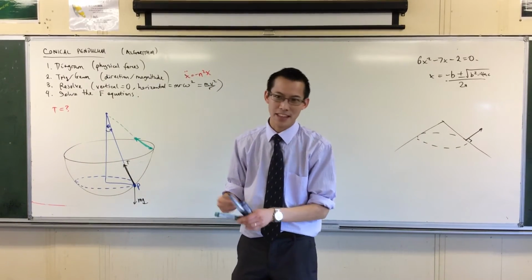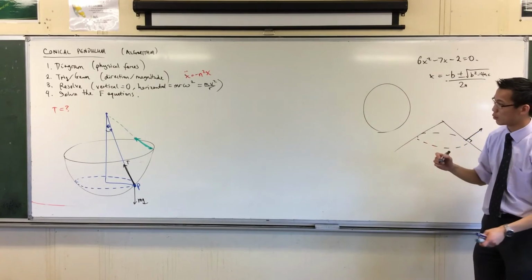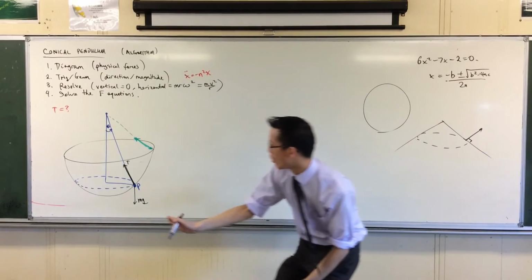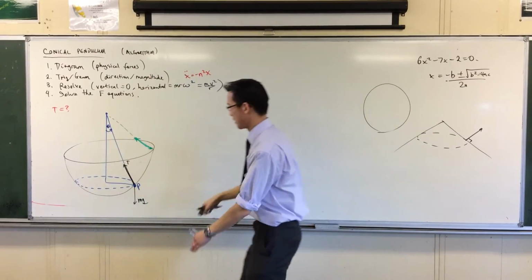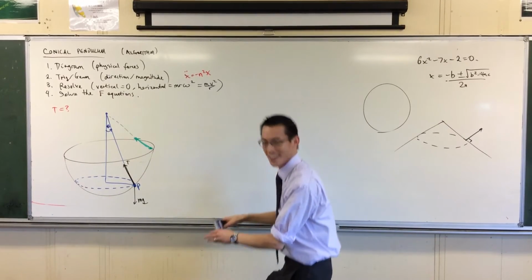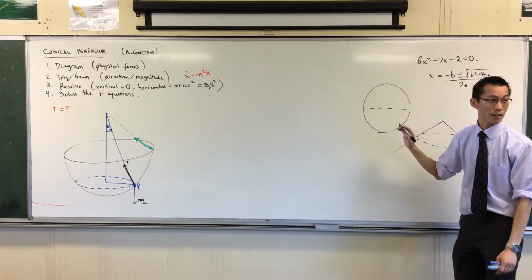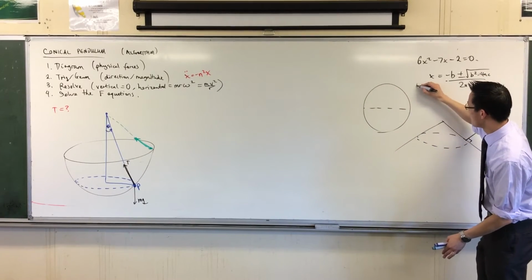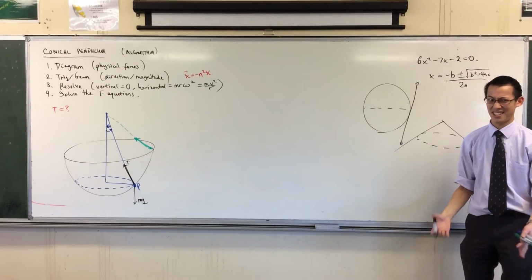Now, it's actually not that hard to work out when you think about it. Here's a circle, and I'm looking at an angle right now, downwards into the bowl. But let's go down a little lower, so all I can see is, well, I'm just going to chop it in half. Now the normal force is going to be perpendicular to the tangent, because that's what tangents and normals do.